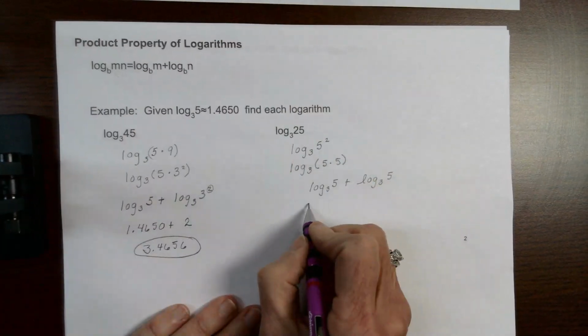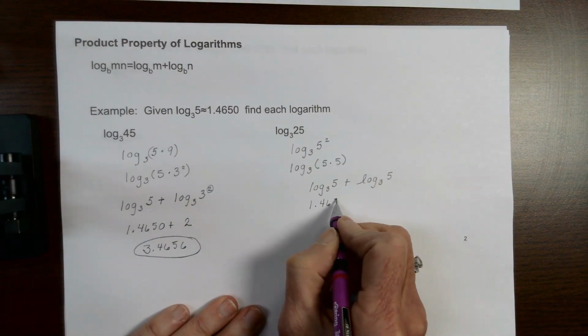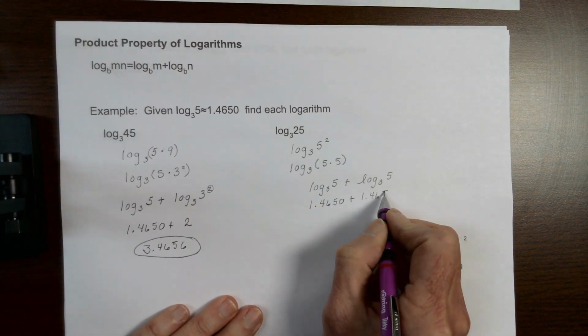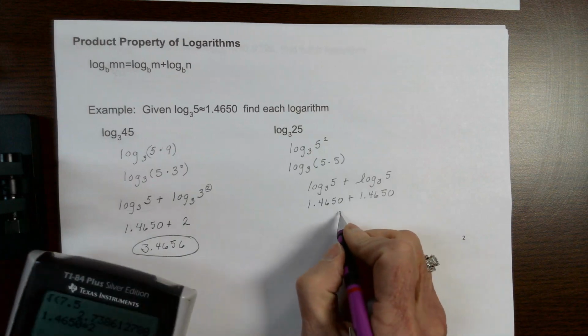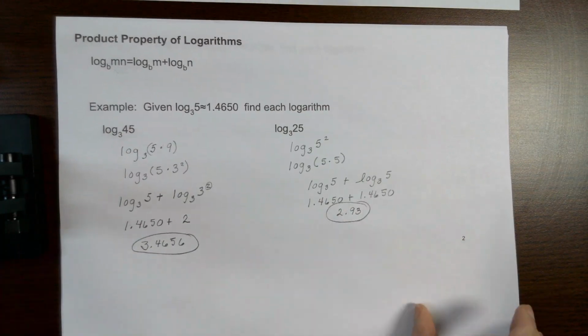Each one of those is equal to 1.4650. When I add those together, I am going to get 2.93 as my answer.